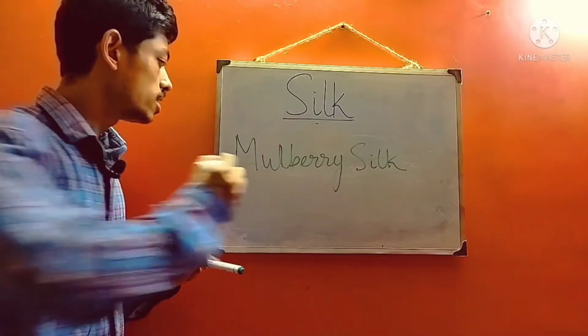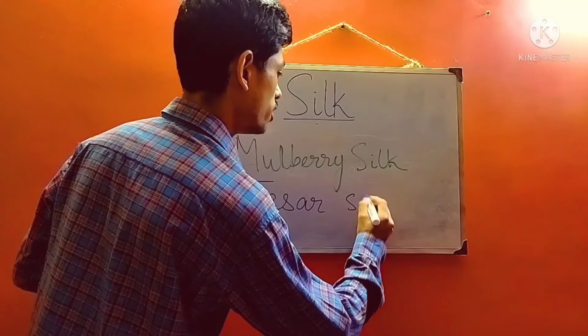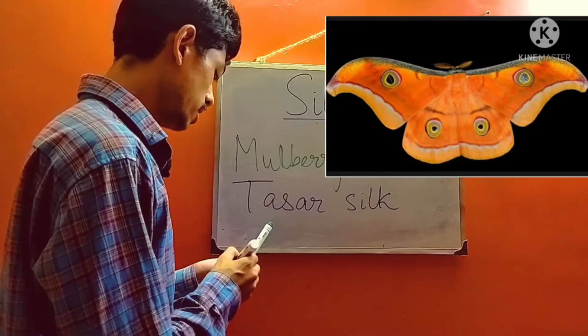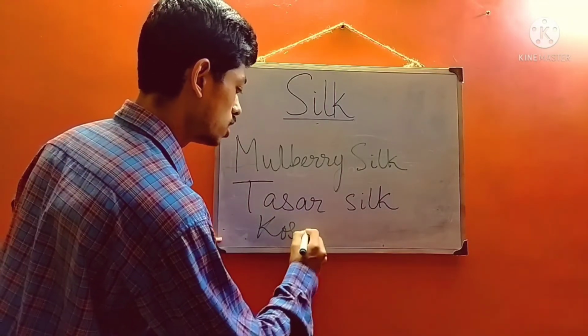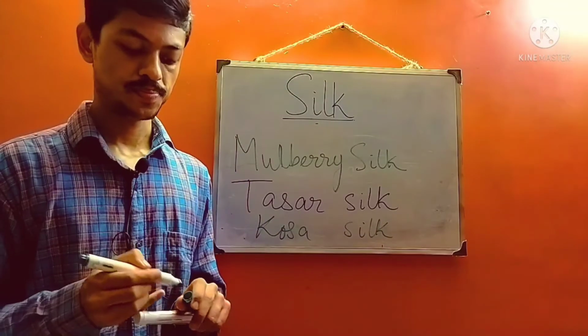Then the tussar silk, which is produced by the tussar silk moth. Then the kosa silk, which is produced by the kosa silk moth, and many more.